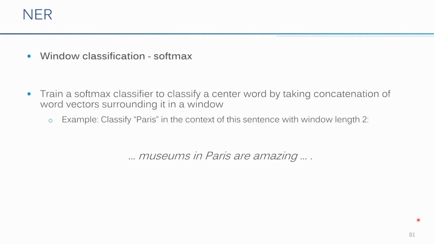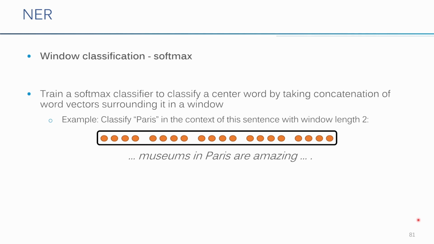In this case, what we can do is come up with this vector representation in which we concatenate the vector for every single word, and we say, for this center word, considering these surrounding ones, I will take the embeddings.